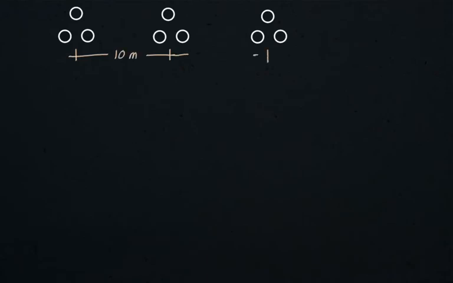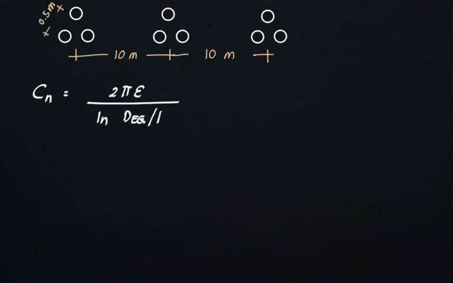So, we now have this 10 meters between the bundle centers and 0.5 in each conductor bundle. Cn will be 2 pi e over ln of dEq over dsc.